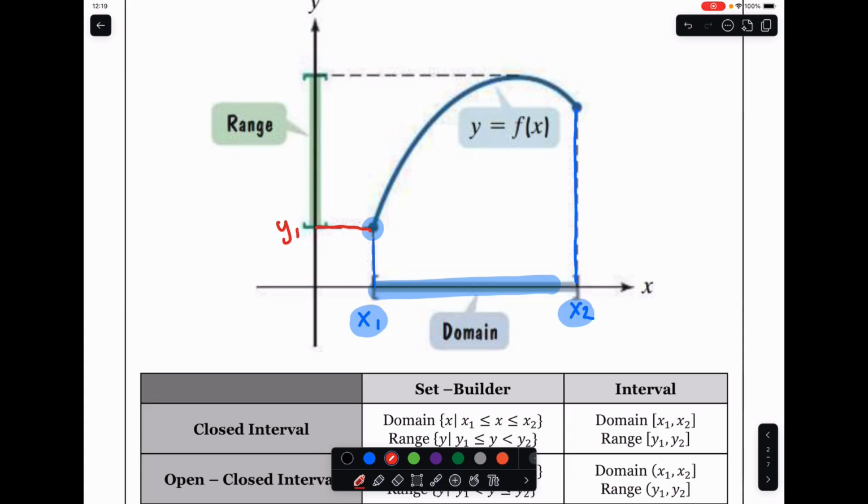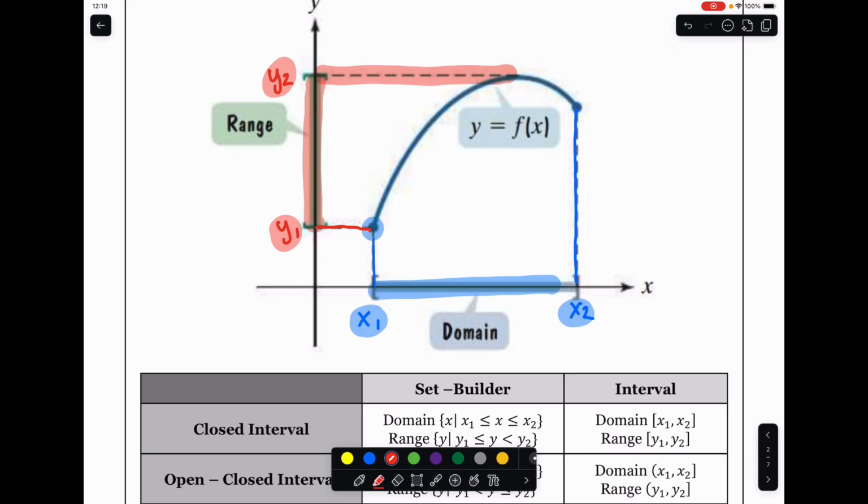Here we'll call that y1. And then moving up the graph until I find the highest point on the graph up here, we're going to draw a horizontal line to the y-axis. And we'll call that one y2. So the range here would be all of the y values that are between y1 to y2.